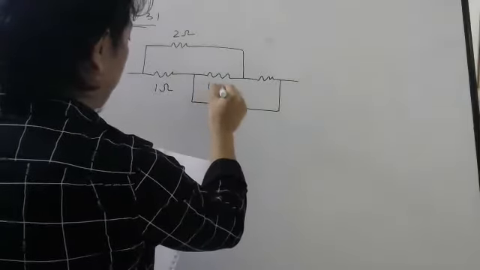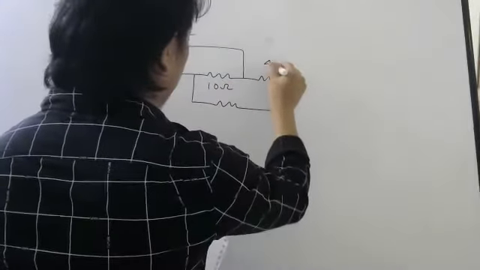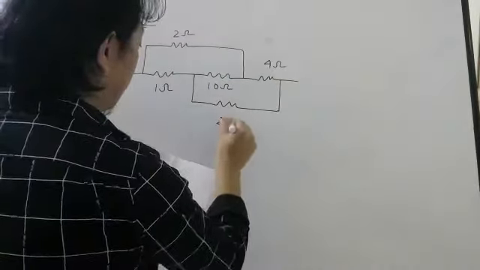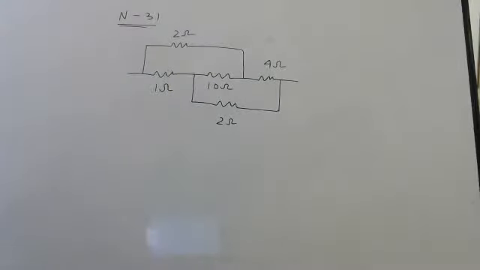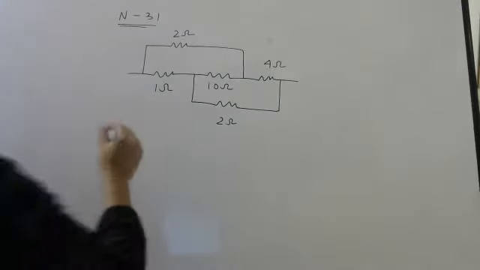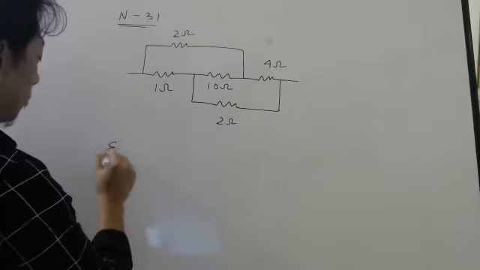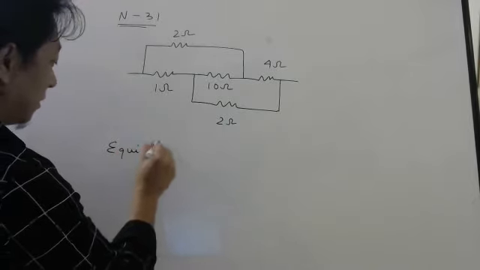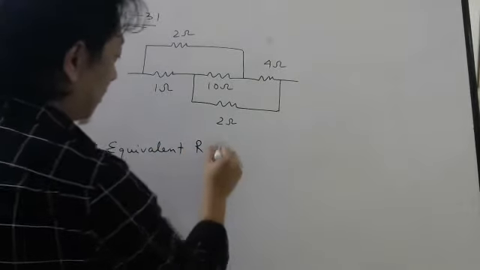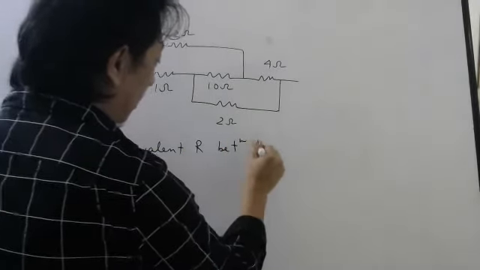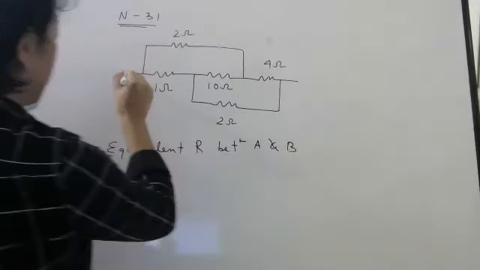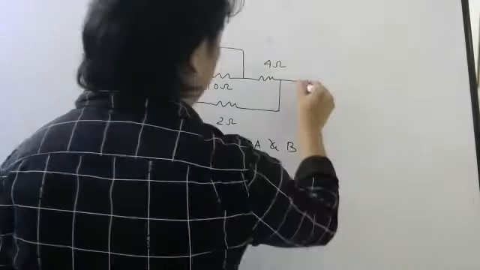This is 10 ohm. This is 4 ohm. This is 2 ohm. Okay. So the question is to find the equivalent resistance between A and B. This terminal is A, this terminal is B.